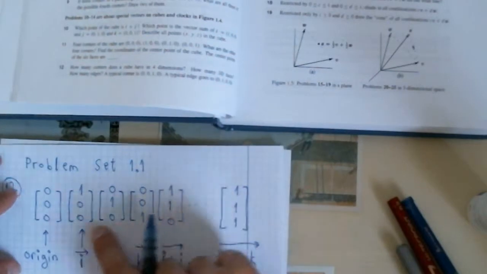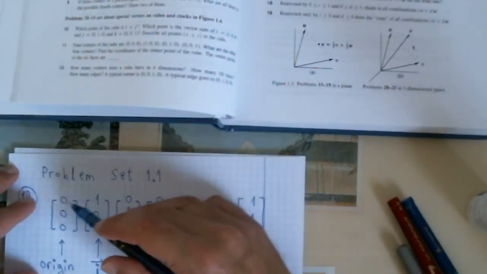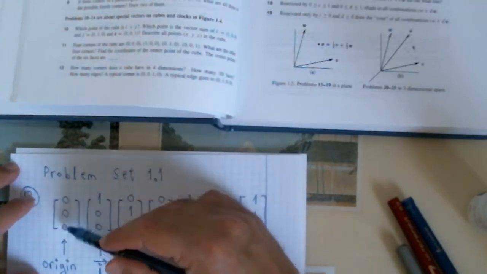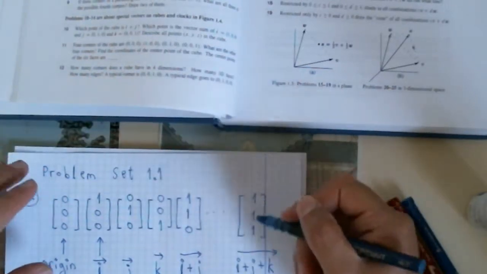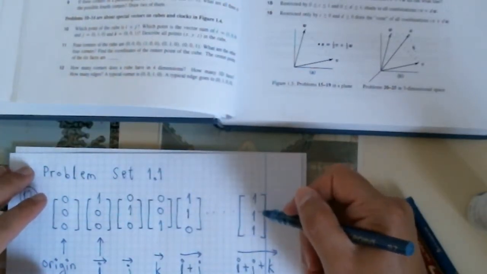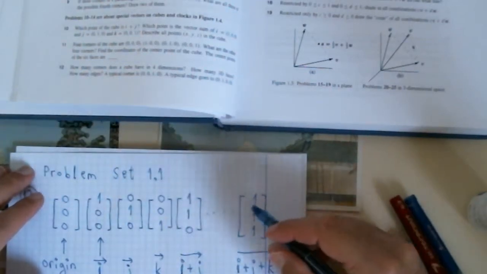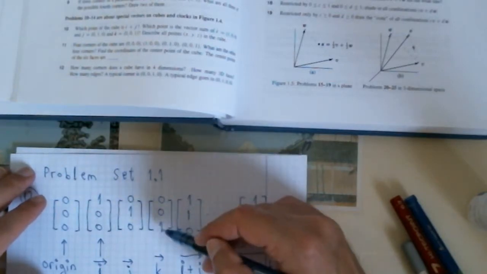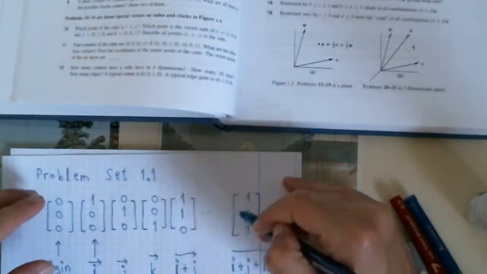Okay, so what do we have here? We have all the combinations of where we can put 0 and 1. One extreme is the combination of everything 0, and the opposite extreme is the combination where all the components are 1, and the middle ones have 1 in some places and 0 in some places, with all the combinations.